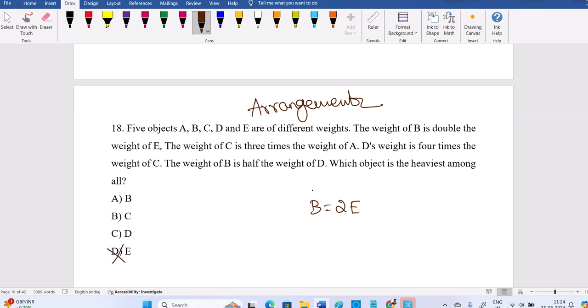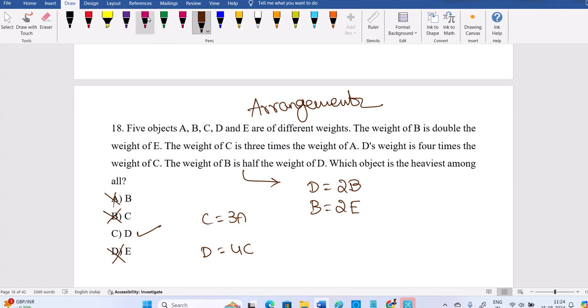B is half of D, or I can say D is double the B. So B is also not the heaviest. C is 3 times A. D is 4 times C. So obviously C is not the heaviest. So D is the heaviest. That's it. I can say D is the heaviest.